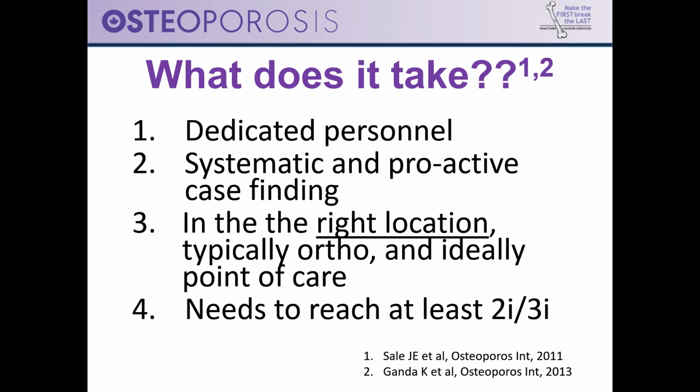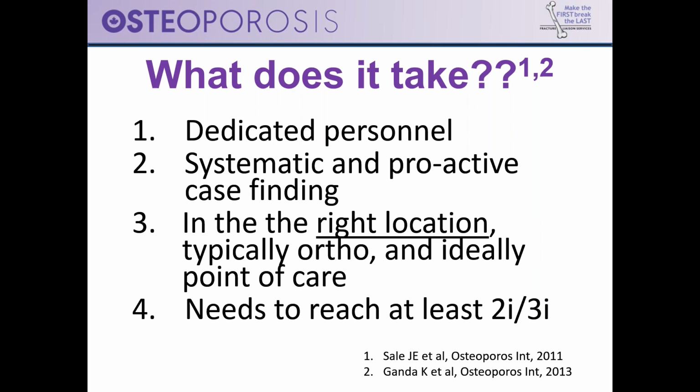So what does it take for a model to work? Osteoporosis Canada has 8 essential elements, and these are all part and parcel of the 8 essential elements, but I would say that these are the big 4. And this, by the way, is based on evidence. So if a model is to be effective, there needs to be dedicated staff to do this.